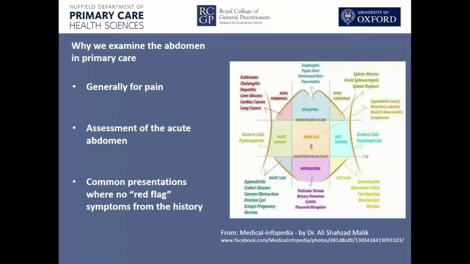And this chart I've shown here shows the whole range of things that can result in abdominal pain. These can be from child pneumonia to referred pain, perhaps from a testicular problem.